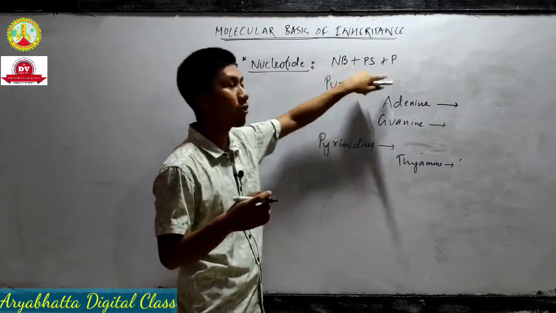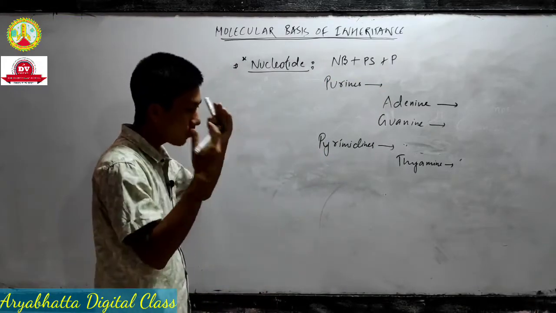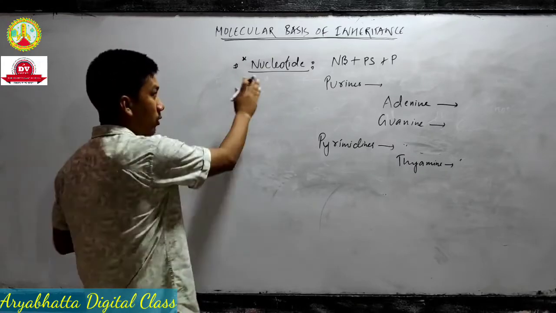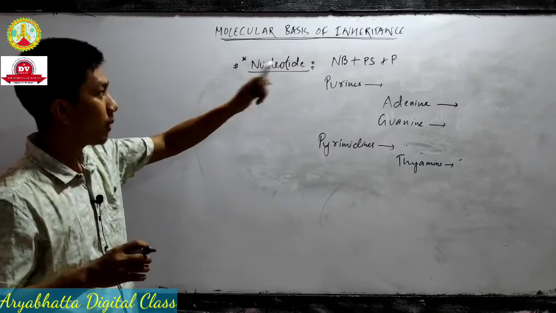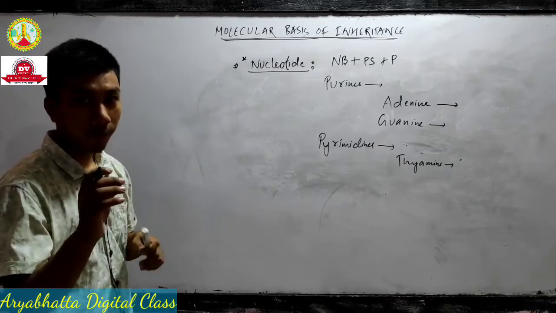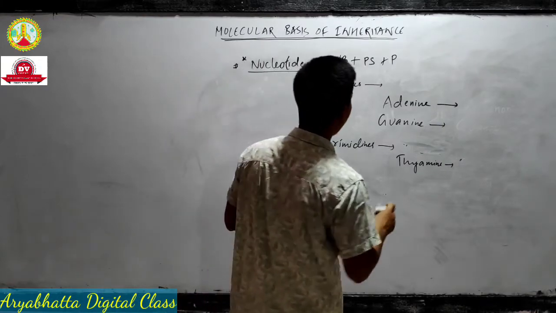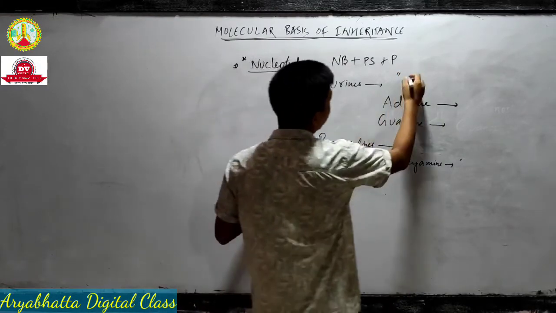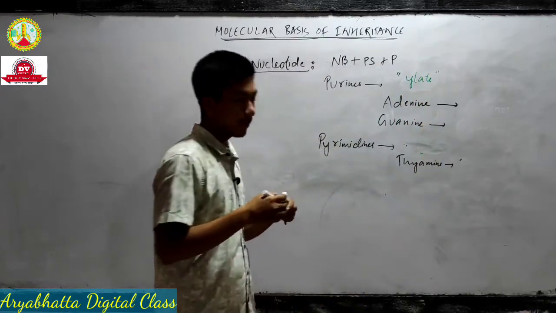Basically it is the composition of nucleic acid only, but कुछ term होते हैं that we need to remember also, nucleoside and nucleotide. तो इसमें अगर nucleotide होंगे तो we add a suffix. In case of purine, we add ylate, ठीक है.